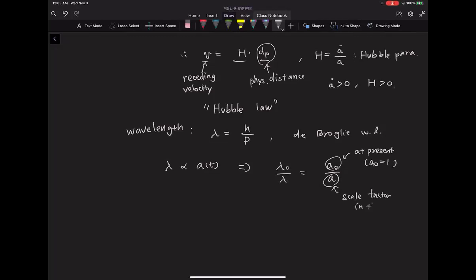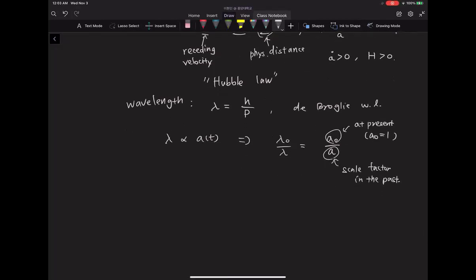And this a in the denominator is the scale factor in the past. Suppose the light with the wavelength is emitted at time t, then the scale factor is given by a of t.